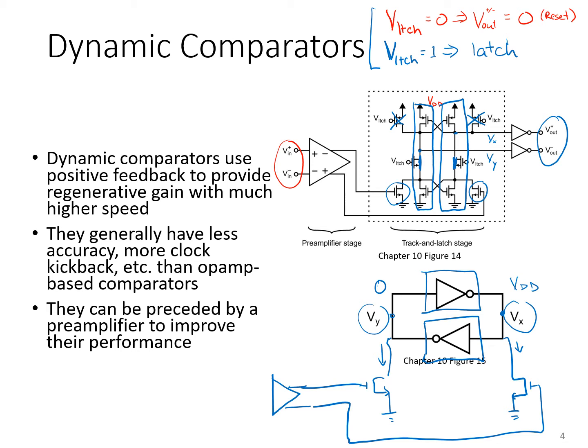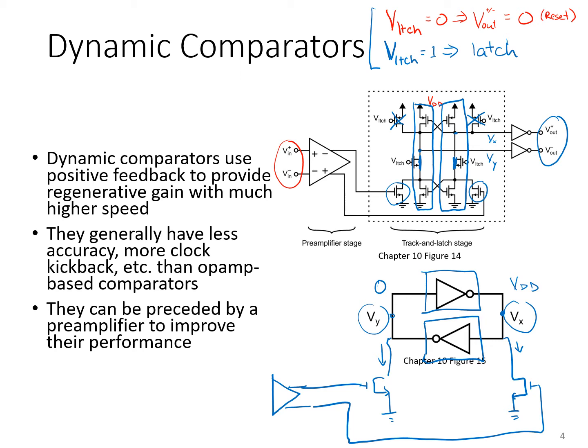So for a given clock frequency, you're going to consume a lot less power this way. Dynamic comparators can also operate at a lot higher frequency. The exponential growth of the positive feedback allows for very fast settling at the output, and we'll see a description of that in the next couple slides.